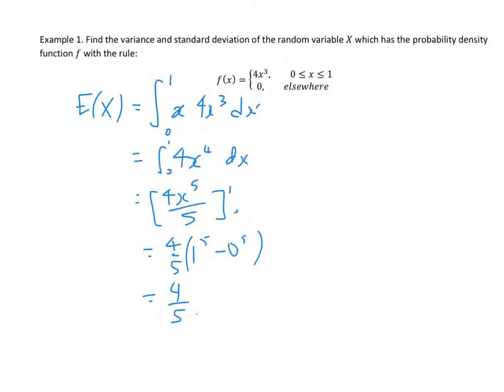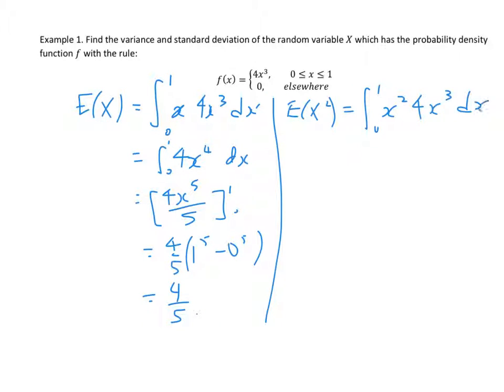Next, we find E of x squared, which is the integral from start to finish of x squared times 4x cubed dx, which gives you 4x to the power of 5 dx, which means we are going to integrate, so we go x to the power of 6 over 6 times 4, square bracket 1, 0.